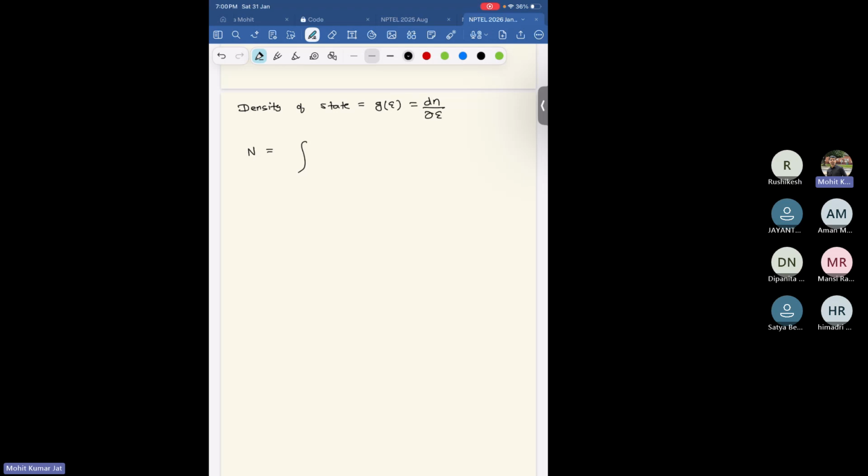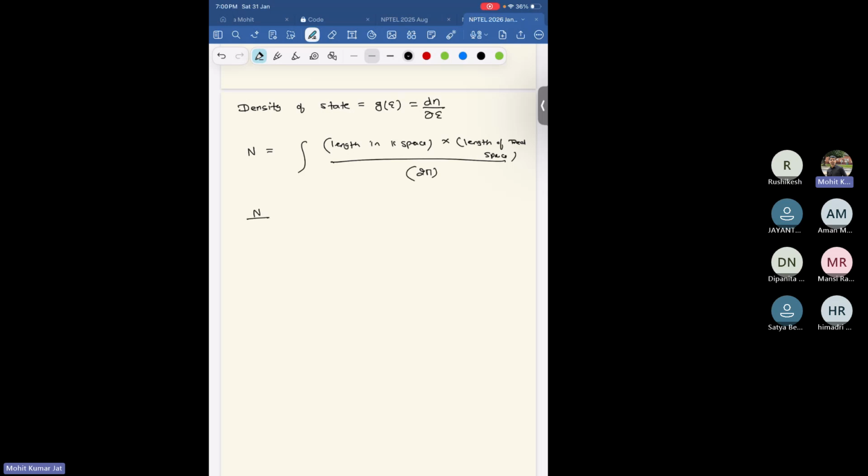So the total number of states in 1D will be your area in K space. So basically in 1D it will be length. So length in K space times length of real space divided by 2 pi, right?